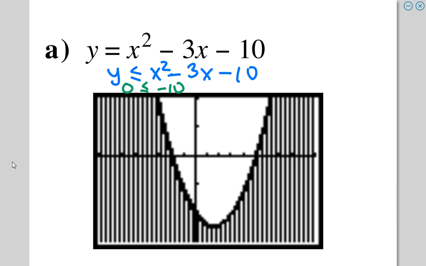Is 0 less than negative 10? That's why that region's not shaded. The region that wouldn't include it is shaded. See how that works? So 0 is not less than negative 10. So instead of x, I'll put sad face. So we don't shade that region.